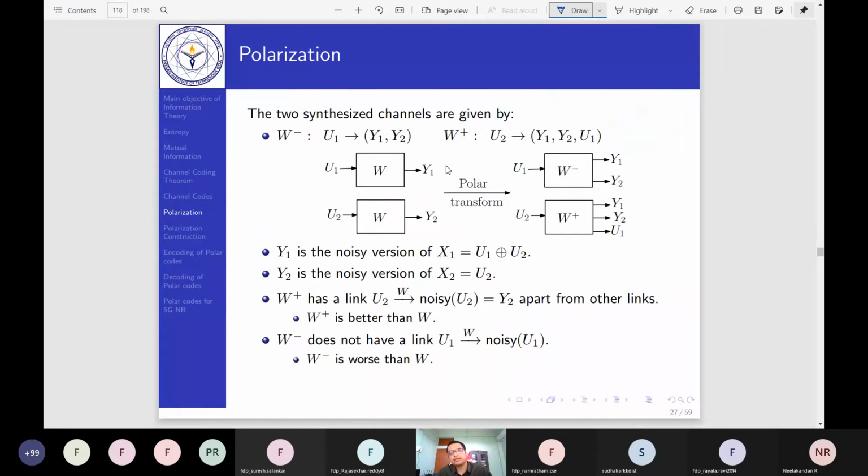So since W minus doesn't include the original channel, W minus has to be worse than W. That means some kind of polarization has already happened. We started with two identical copies of W, and we have unequally distributed the symmetric capacity so that one becomes better than the other.